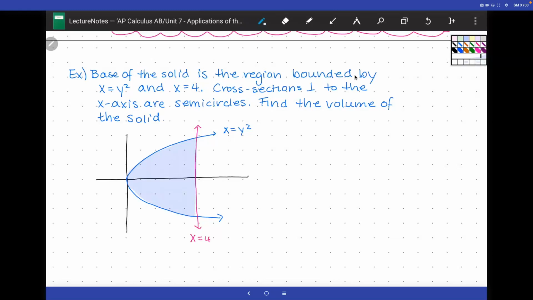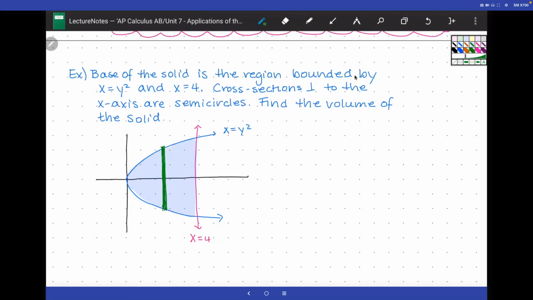So here's all you need to do. It does say perpendicular to the x-axis. And like Sufra asked, how do you know? It's going to tell you the cross sections are perpendicular to whichever axis. This says perpendicular to the x-axis. So I know that these cross sections are going to cut my solid vertically.